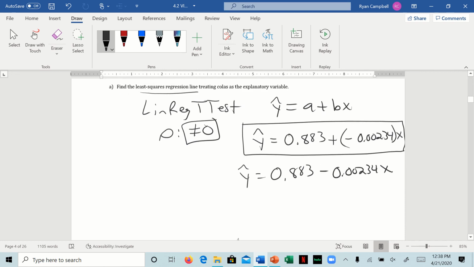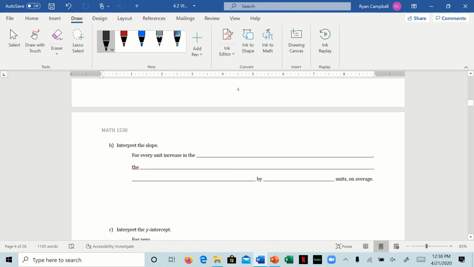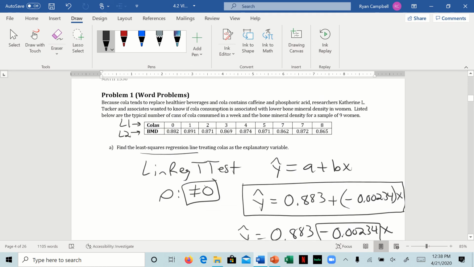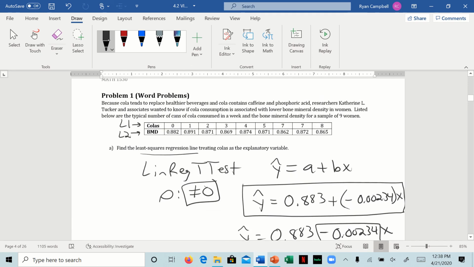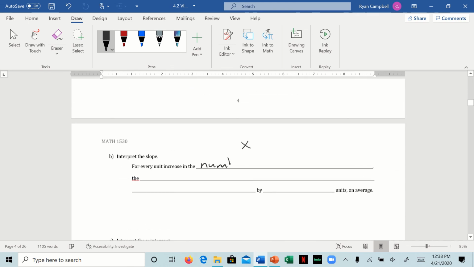So let's interpret the slope. Part B is to interpret the slope. First, what is the slope? Is it a or is it b? It's b, right? So this is our slope. Let's interpret it. So for every unit increase in, if we go back to the original, this was the x value. So what's the x value? X is your L1, so the number of colas consumed.